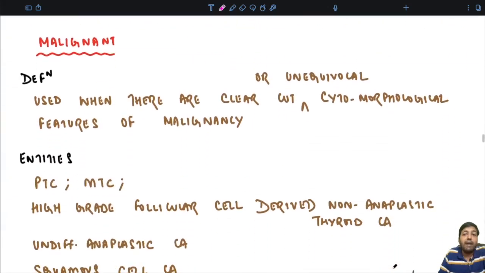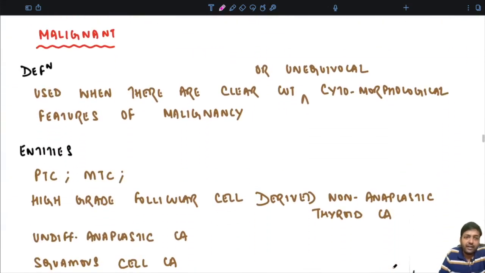Next, we have the malignant diagnostic category. It is used when there are clear-cut features or unequivocal, meaning without any doubt you are sure that the cytomorphological features are consistent with a malignant neoplasm. The entities over here are papillary thyroid carcinoma, medullary thyroid carcinoma, high-grade follicular cell derived non-anaplastic thyroid carcinoma.